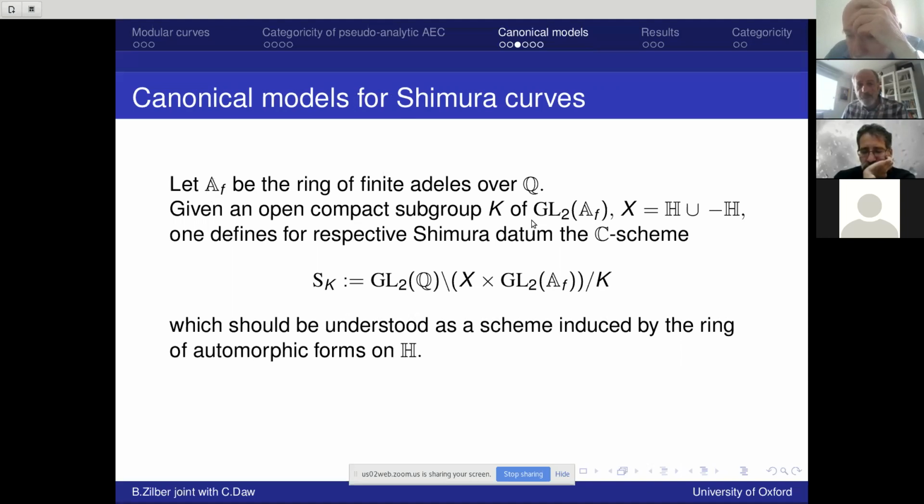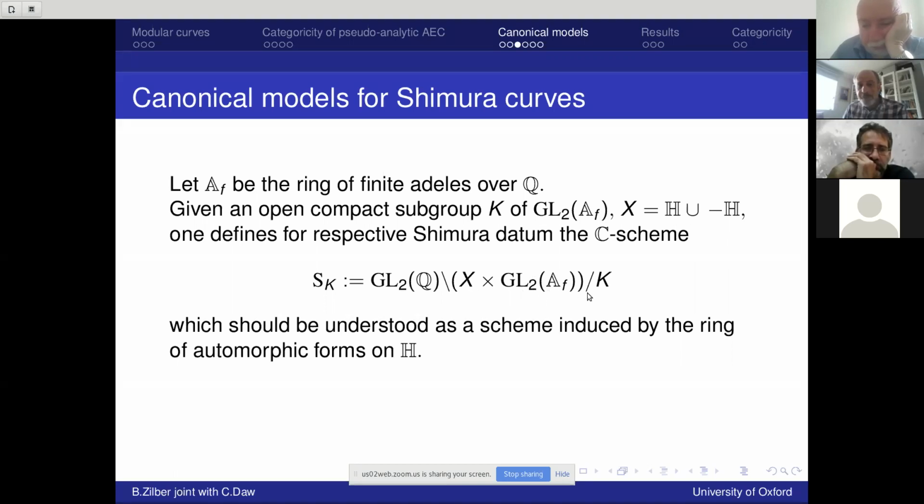Okay, so these are finite Adeles, and then for the case of Shimura curves, we take this complex manifold, which is the upper half plane together with the lower half plane. You take a direct product, the abstract direct product with this guy, and you consider these double cosets.